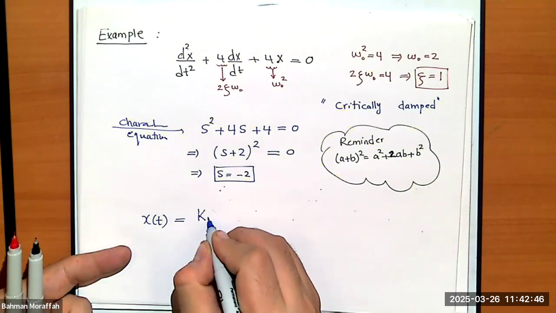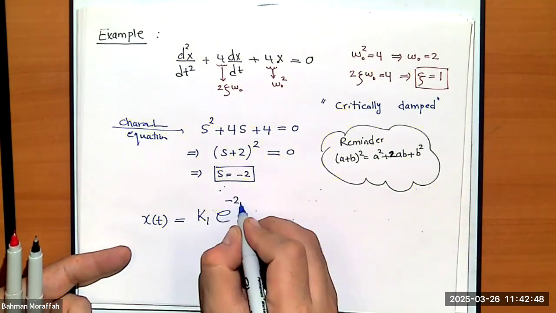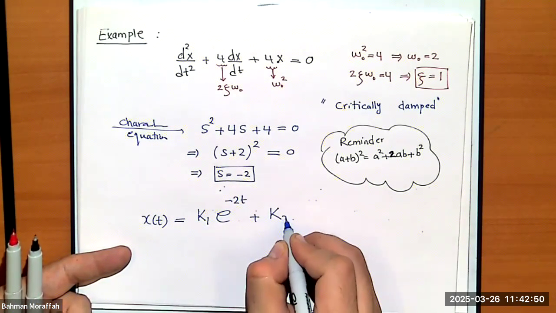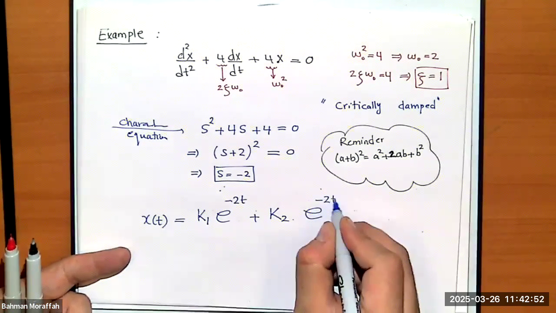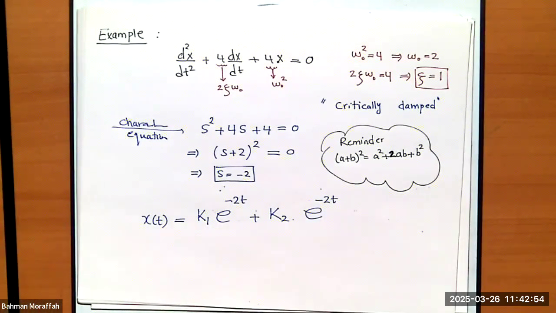x of t is some constant k1 e to the power of minus 2t plus k2 e to the power of minus 2t. Am I correct? No, because if I look at this, I can combine k1 and k2 into one k, so I only have one solution. But I know if I have a second order, I have to have 2 solutions.